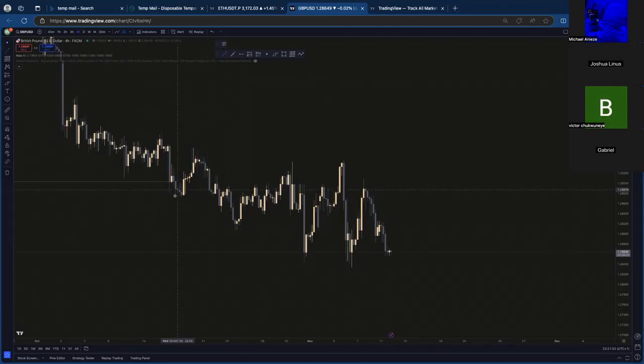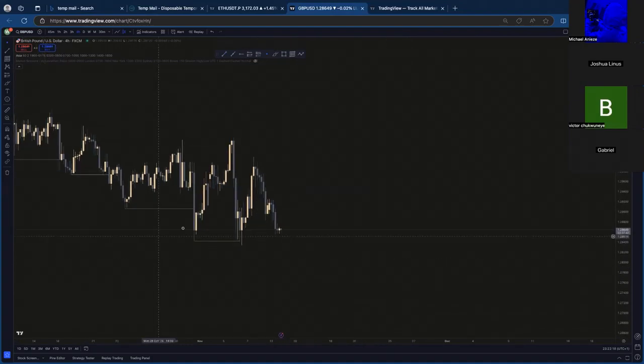Right? So see now, we've been getting break of structures to the downside, right? This swing low taken, right? Let's create swing high, swing low taken, right? Taken. I know I told you a body break, but relax, relax, relax.